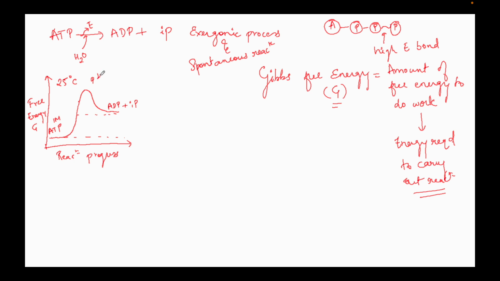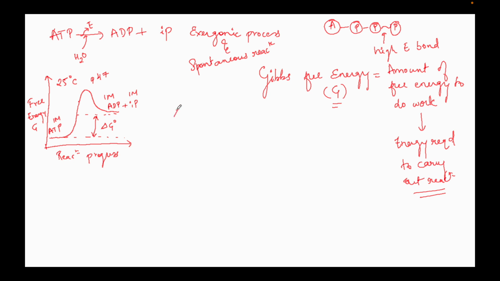So at 25 degrees Celsius and pH 7, when we use 1 molar of ATP to get 1 molar of ADP and 1 molar of Pi, the difference between the reactant free energy and the product free energy is referred to as delta G naught. This is Gibbs free energy at standard temperature pressure conditions.